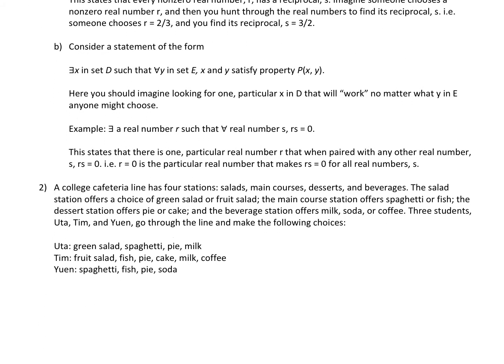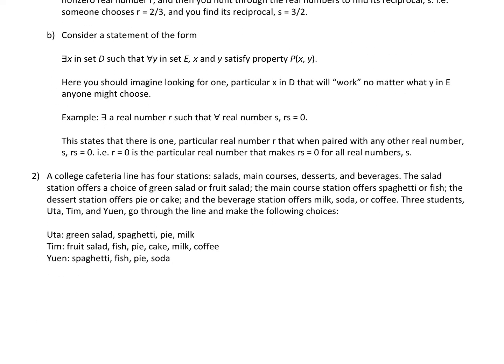For example, if I said there exists a real number R such that for every real number S, R times S equals 0. This states that there exists a single real number R, one particular number, so that when you multiply it by every real number, you get 0. Paired with any other real number, you get 0.